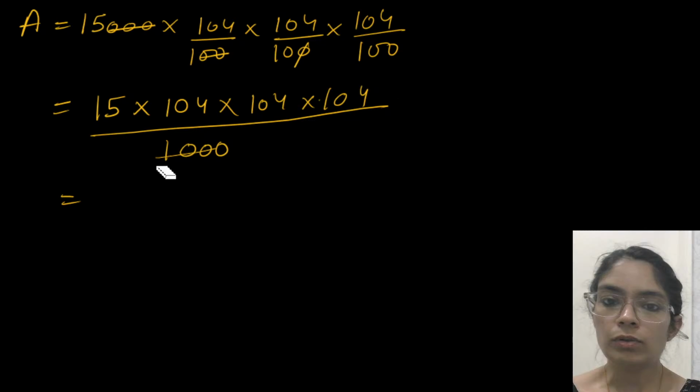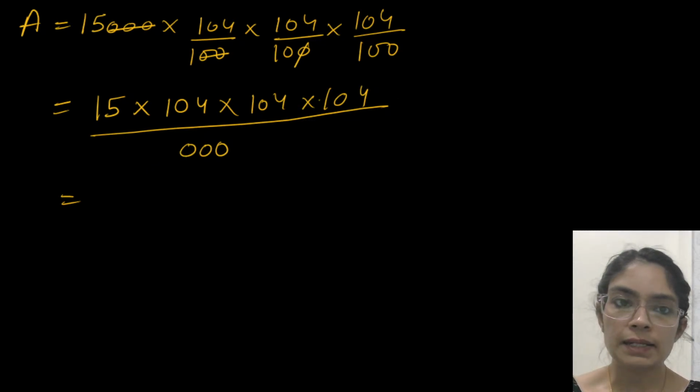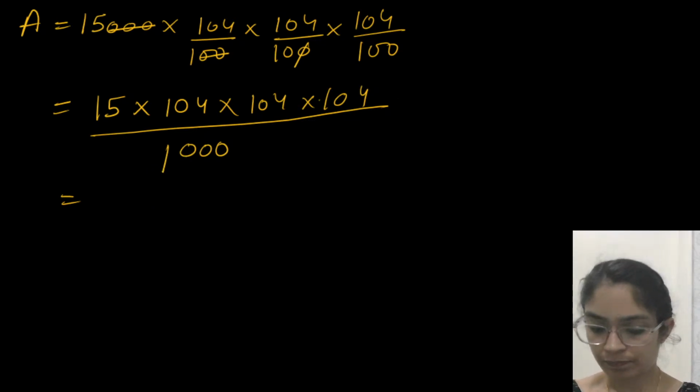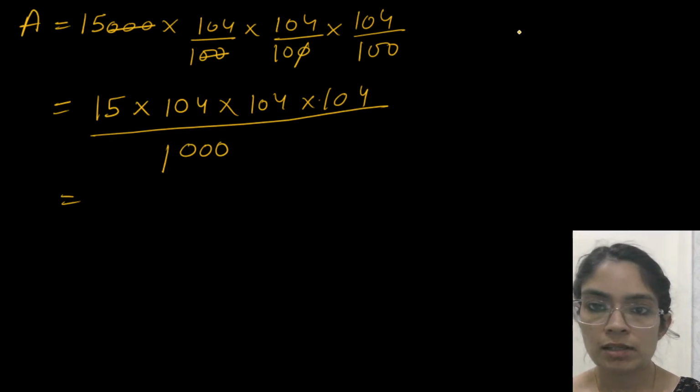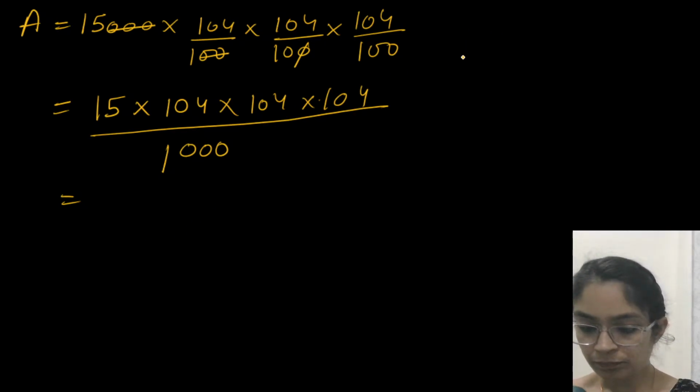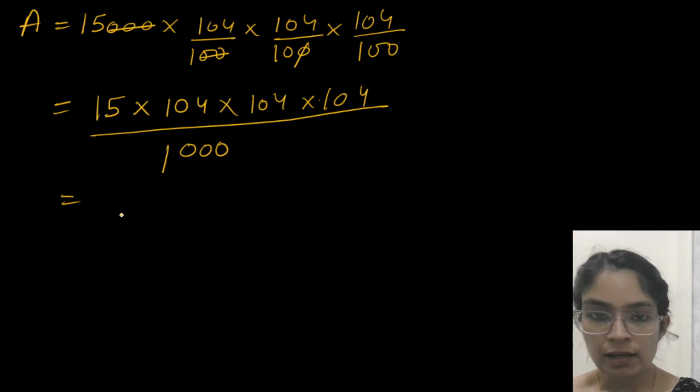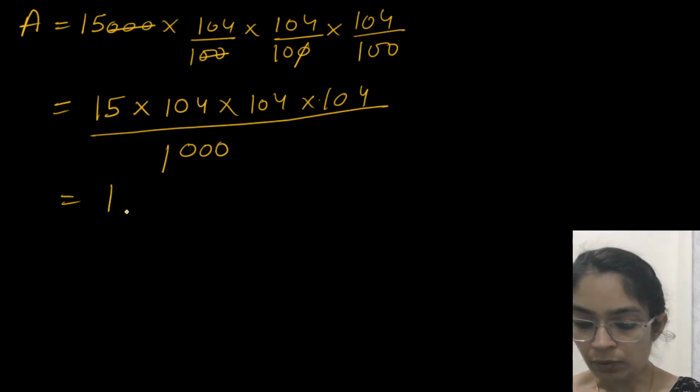So don't do cancellation here, just do the multiplication and tell me the answer. Is there anyone who is doing multiplication? Because if we know the multiplication, then directly we can convert into decimals. Okay, Shashank has done. I want some other students also to share the answer.